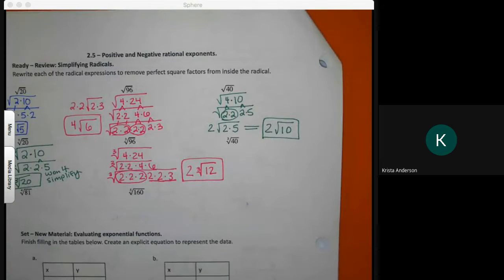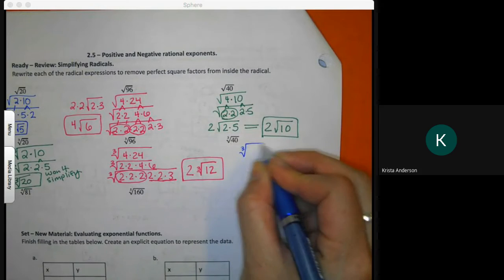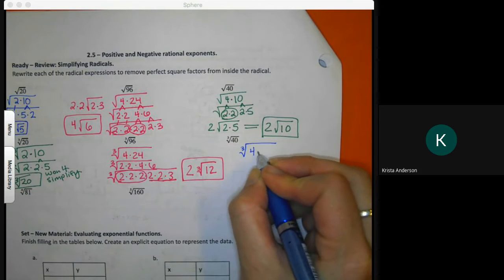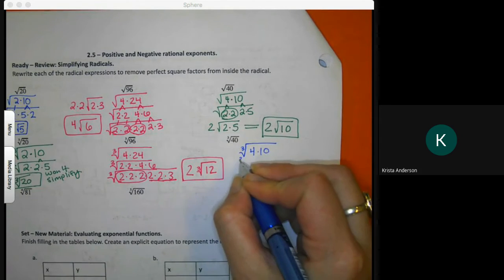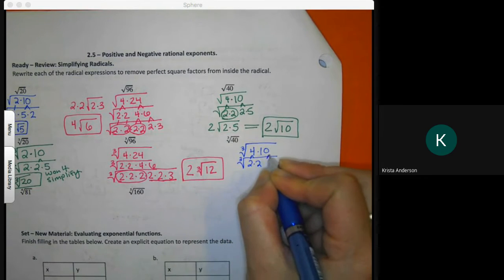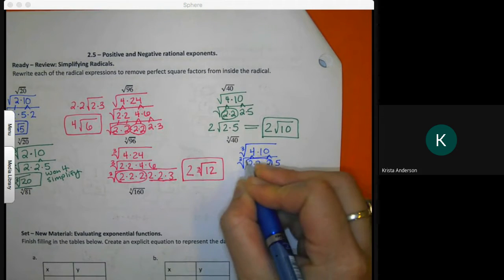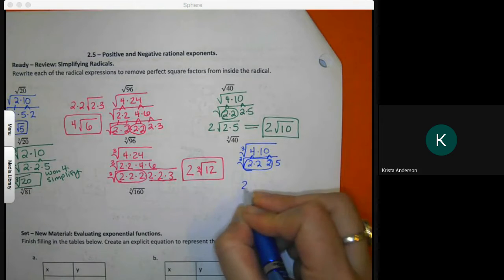Next, 40. I already broke 40 down up here, so I'm going to follow that same pattern. 40 is 4 times 10. 4 is 2 times 2, and 10 is 2 times 5. The 2s, because there are 3 of them, they get to leave.